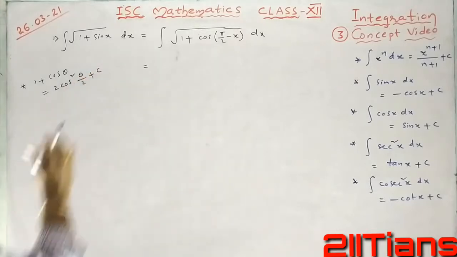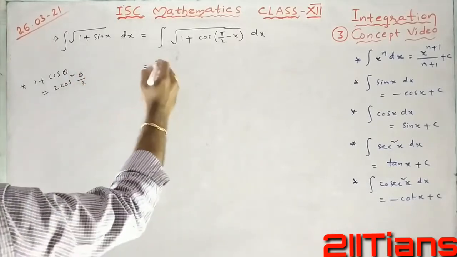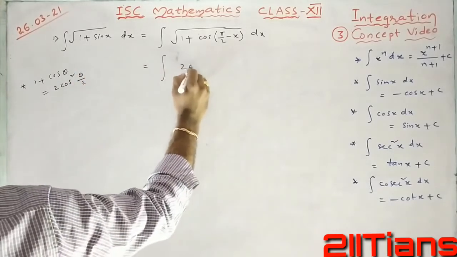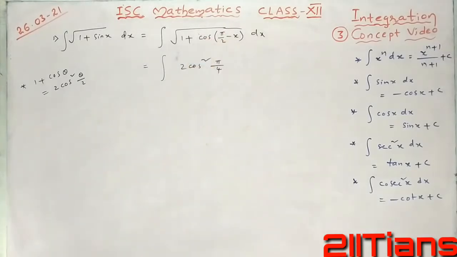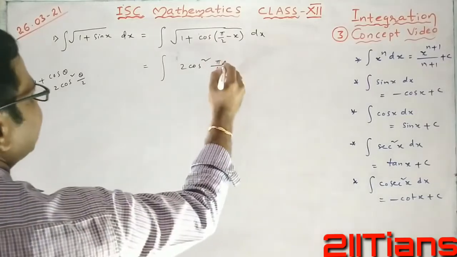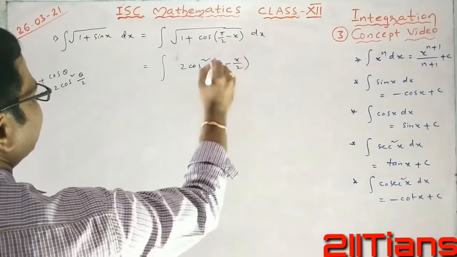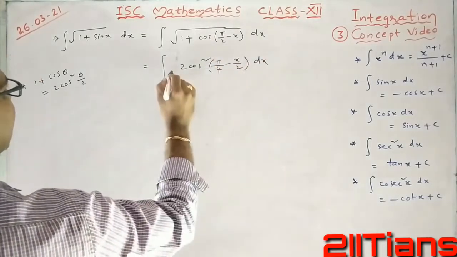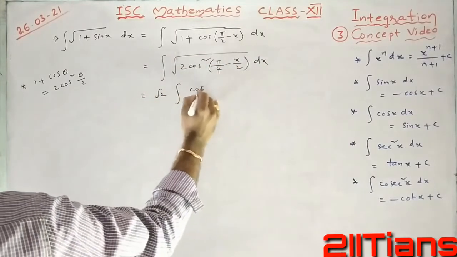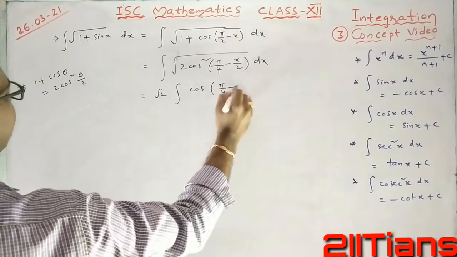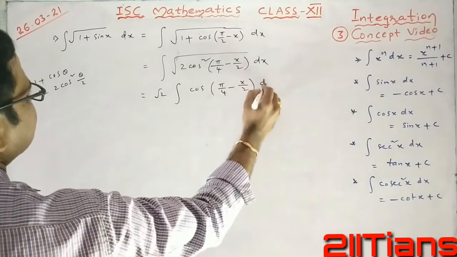So the integral becomes 2 cos square of pi by 4 minus x by 2 dx under root. So root 2 keep it out, integral of cos of pi by 4 minus x by 2 dx.